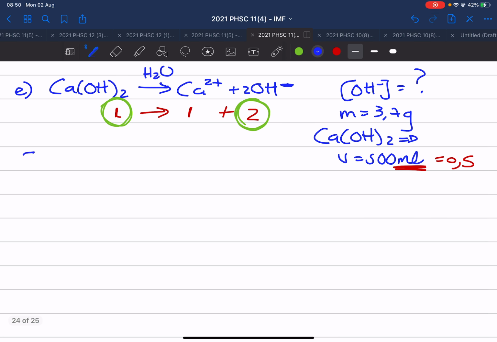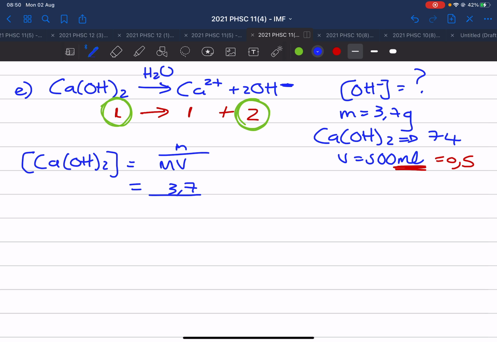Okay, so first I'm going to calculate the concentration of this whole thing, because they give me information regarding the whole thing. So that's 3.7 over, we haven't calculated the molar mass yet. Sorry about that. So that gives you 74. And the volume is 0.5.